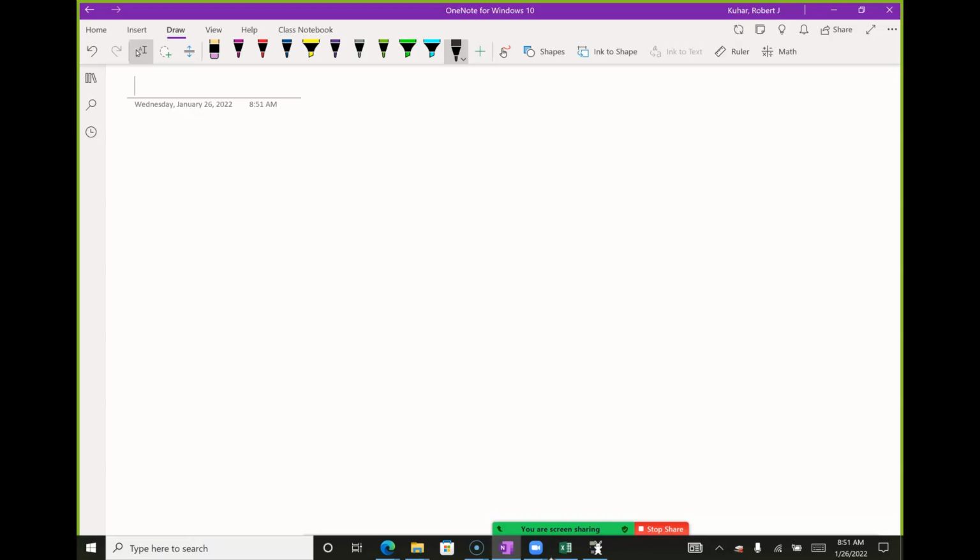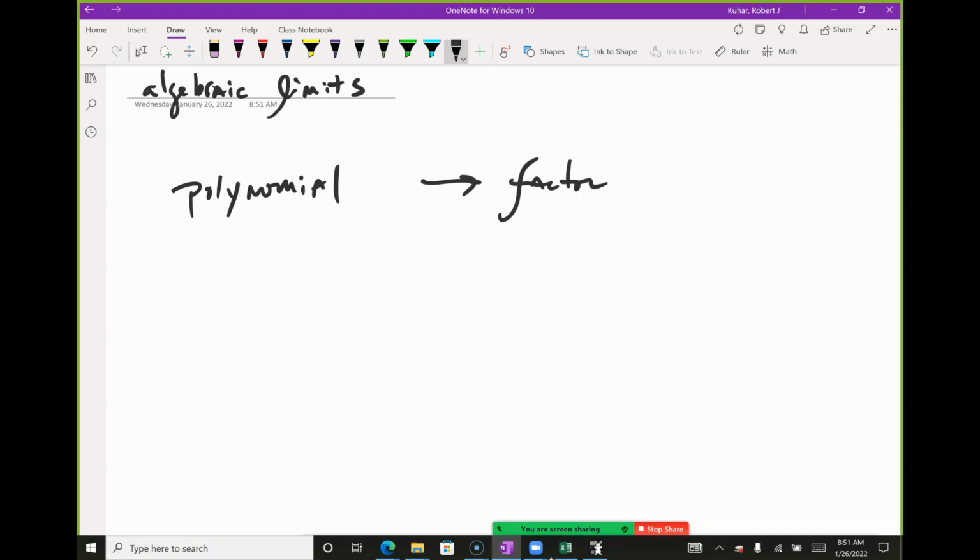I want to take a look at some algebraic limits, and the three algebraic limits I'm going to do are polynomials, and in that case I want to factor; rational, and in that case I want to clear interior denominators, or LCD; and radical, and in that case I want to do conjugates.